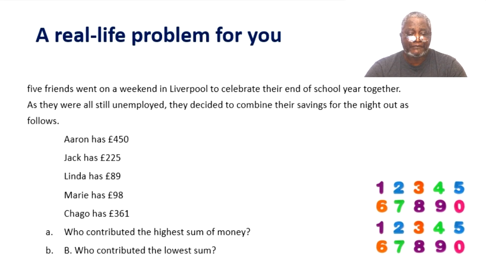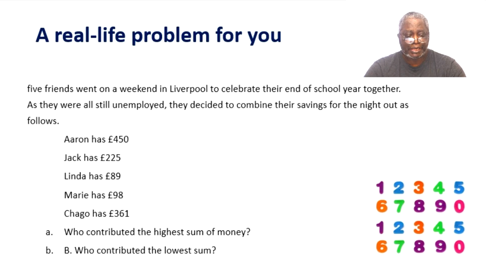Let's look at a real-life problem. 5 friends went on a weekend in Liverpool to celebrate their end of year together. As they were all unemployed, they decided to combine their savings for the night out as follows.